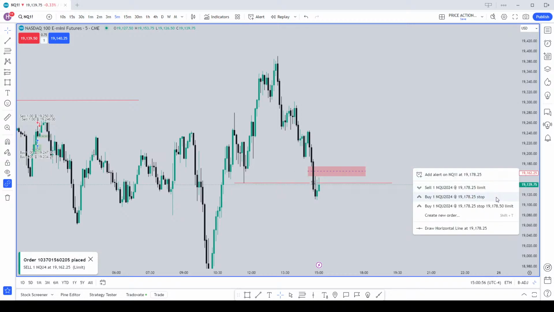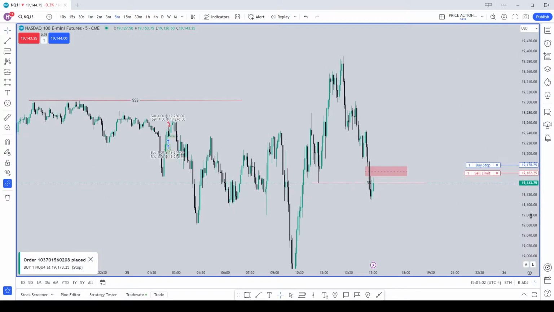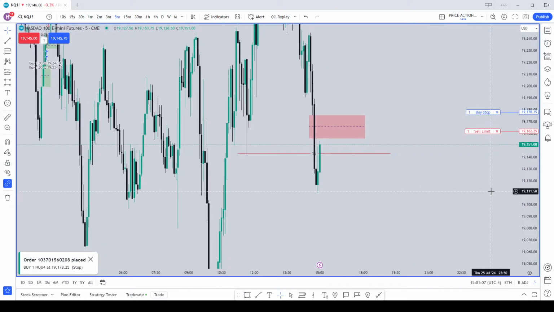I'll keep it a tight stop, and you want to aim for, this is going to be a pretty nice move. I can get these lows.